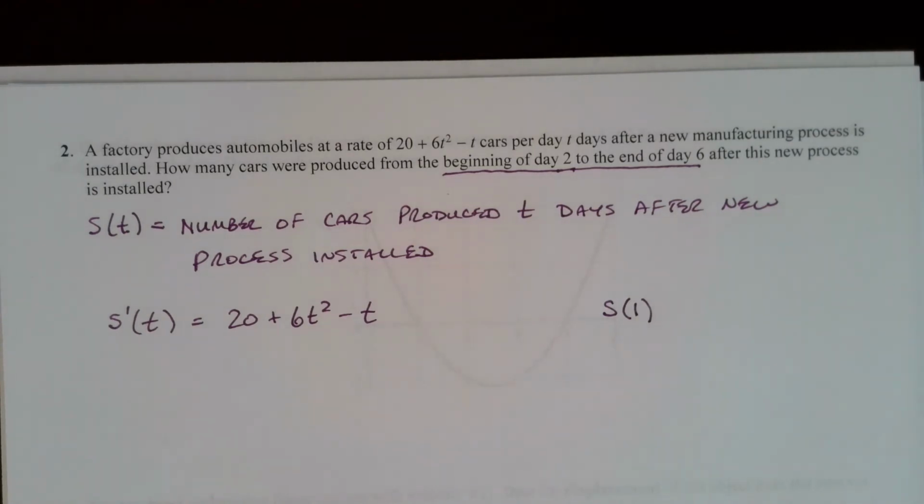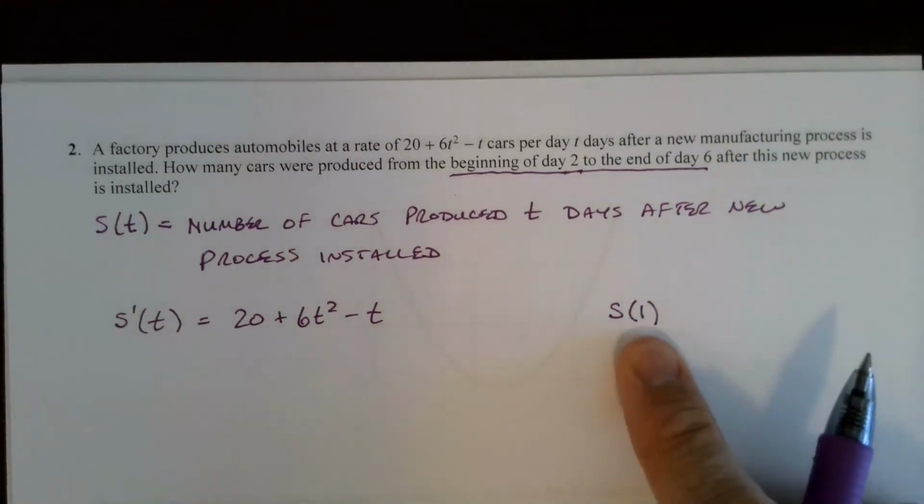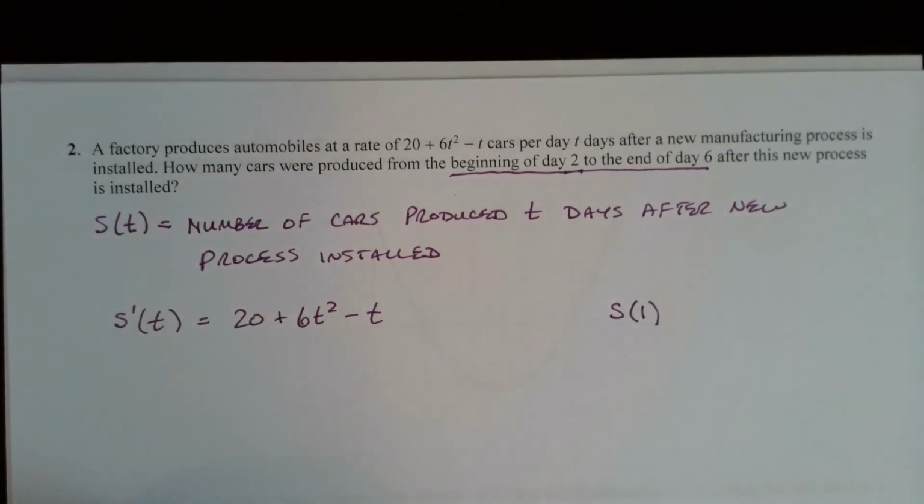So S of 1 would be how many cars were produced 1 day after the new process was installed.